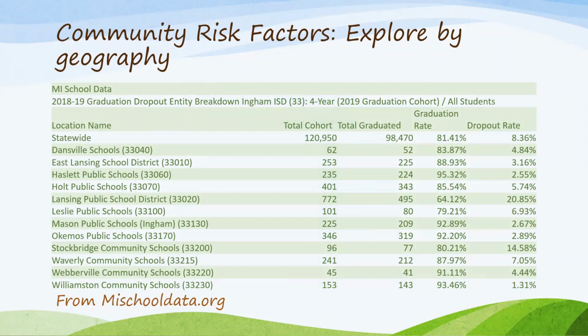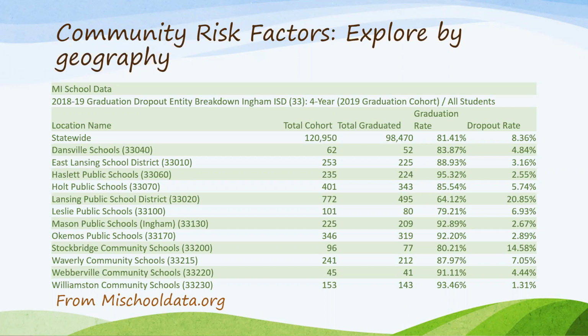One strategy for exploring geographic differences is by looking at school districts. These data pulled from mischooldata.org, operated by the Michigan Department of Education, display graduation and dropout rates for the school districts in Ingham Intermediate School District. These data can be downloaded into Excel and graphed to provide an even more user-friendly view.